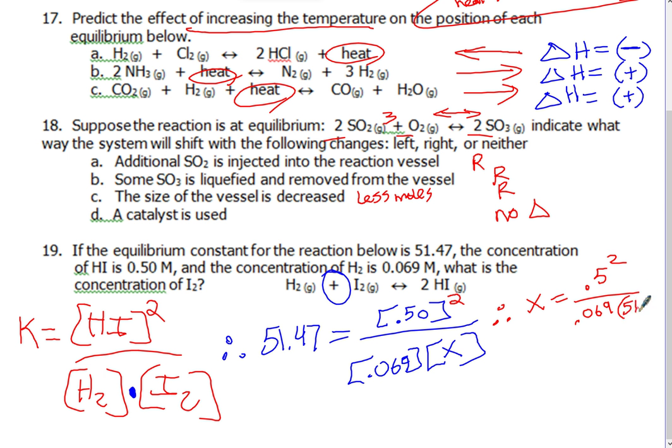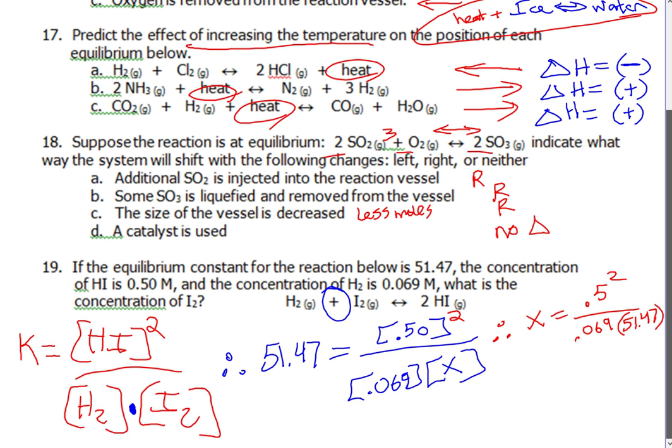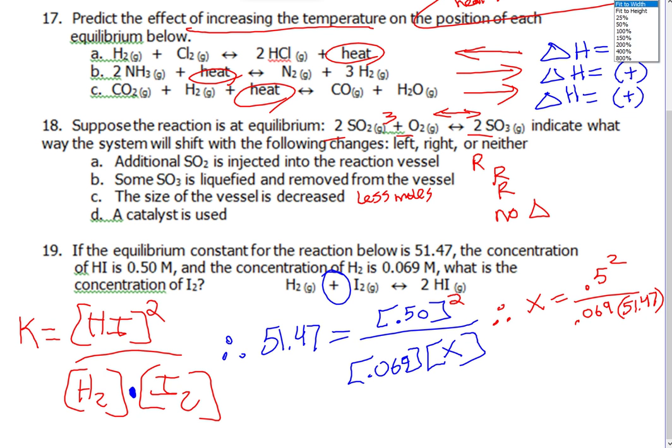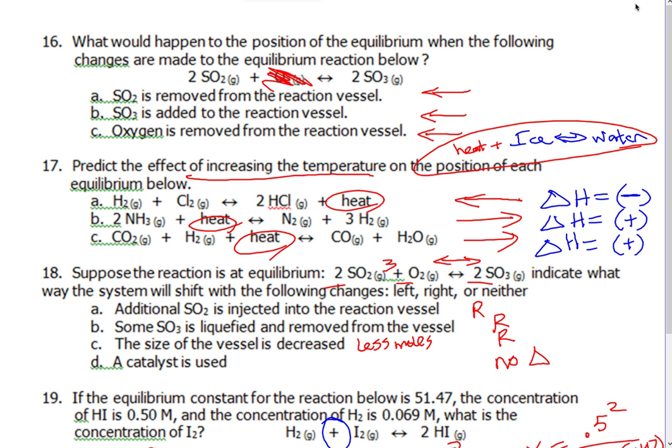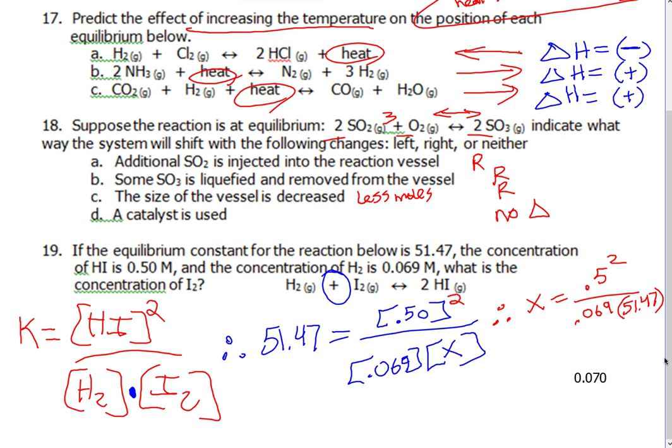Because we have to divide it to the other side. And man, I had the X answer hiding somewhere. There it is. And so, the value for X is 0.070 molar.